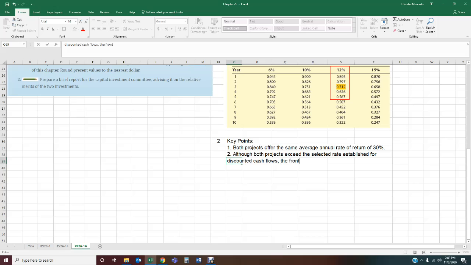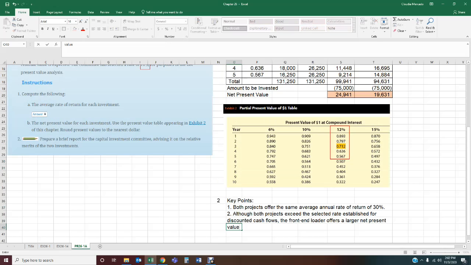The front-end loader offers a larger net present value. Okay, so the loader offers a larger net present value of 24,941 in comparison to the greenhouse of 19,631.